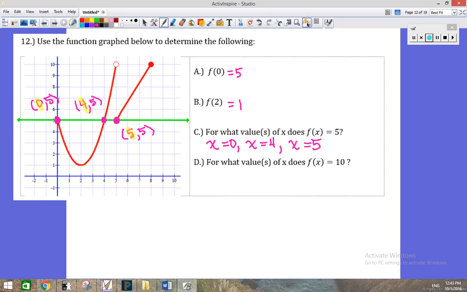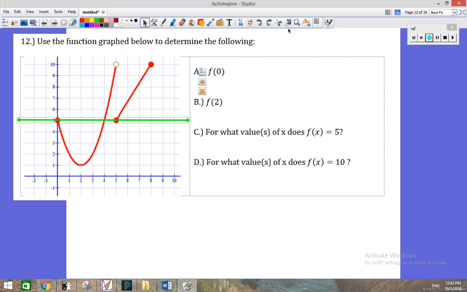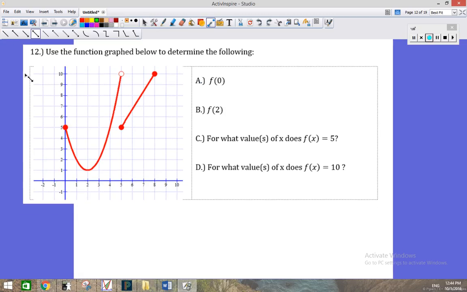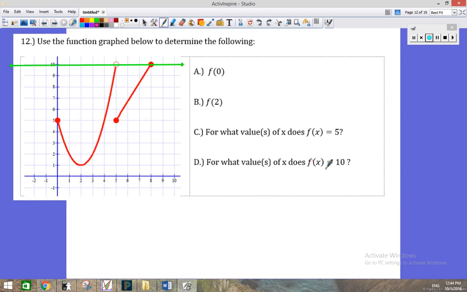Now, for what values will it equal 10? Let's go up and think about that. Well, here's the line y equals 10. Every point on this green line has a y-coordinate of 10. We're interested in points that are on the graph. This point is on the graph, and its x-coordinate is 8.